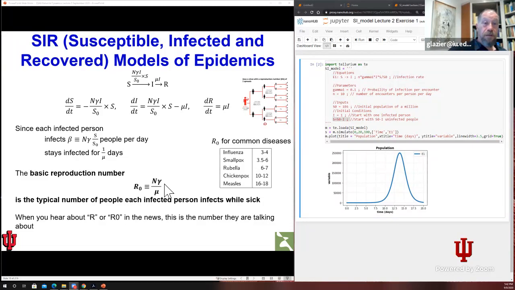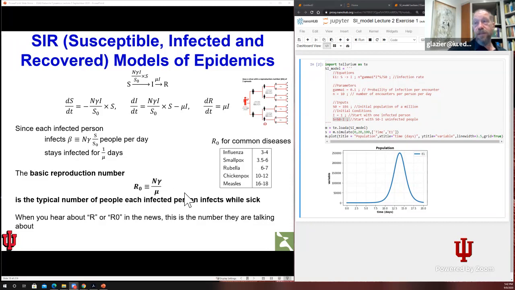That's the number of people you can infect per day, 1 infected person infecting per day, divided by mu. 1 over mu is the number of days you stay sick. So the number of people I infect per day times the number of days I'm sick is the total number of people I infect if I'm infected.